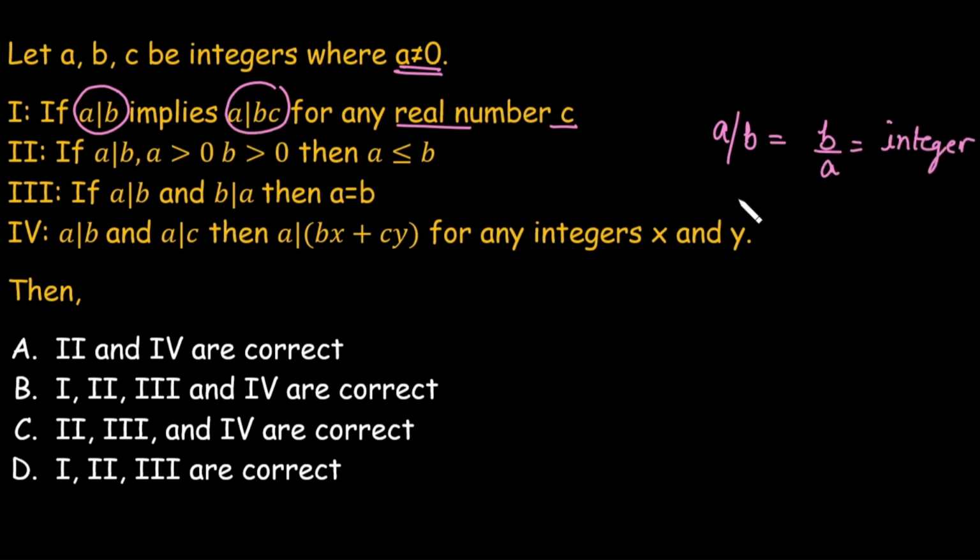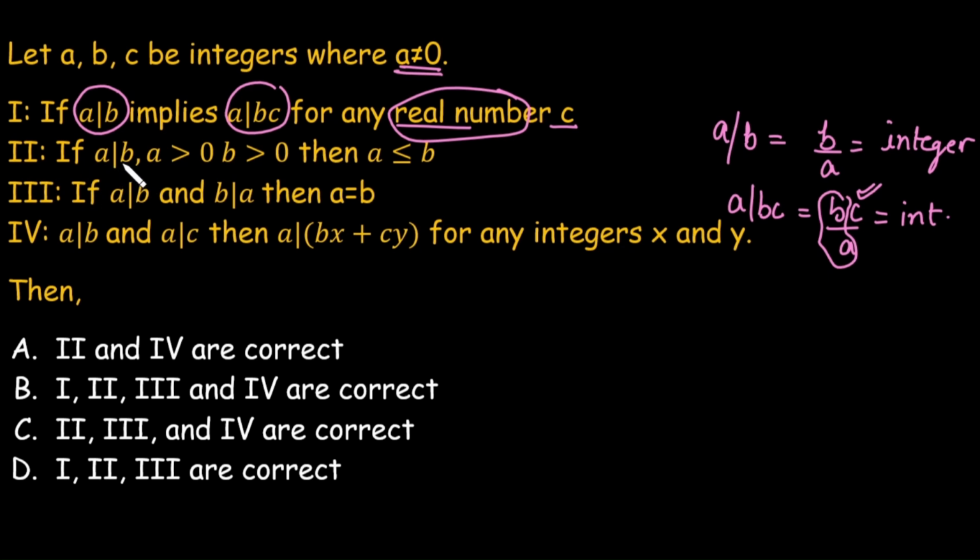And if we take the second condition, A divides B into C, that is equal to B into C by A is equal to an integer. And that is only possible when this number is an integer, because from here we are getting an integer, and integer into integer is integer. So it is incorrect because of this word. If it is an integer, then the statement is true.